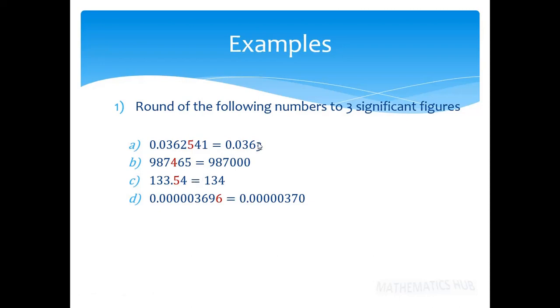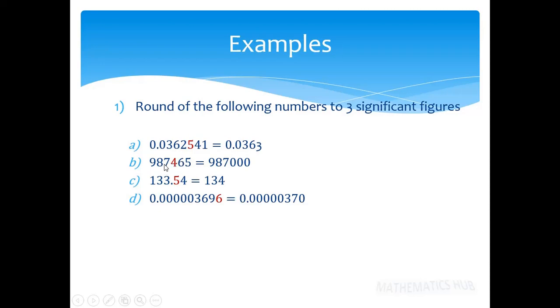Then we move on to the next number, where we are having 987,465. We want to round off that number to 3 significant figures. We start counting from the first non-zero number, and that is 9. If we count 3 digits, we get to 7. And we look at the next number, that is 4. Since 4 is below 5, the 7 does not change. Nothing happens to 7.